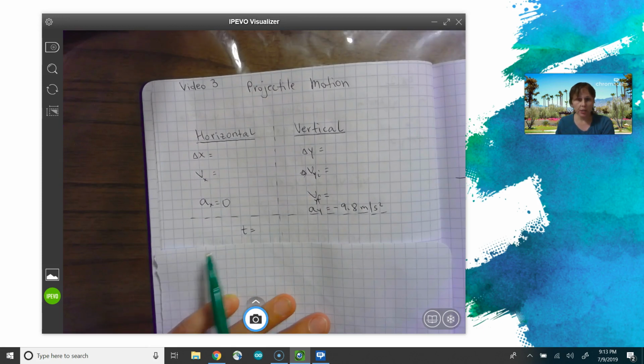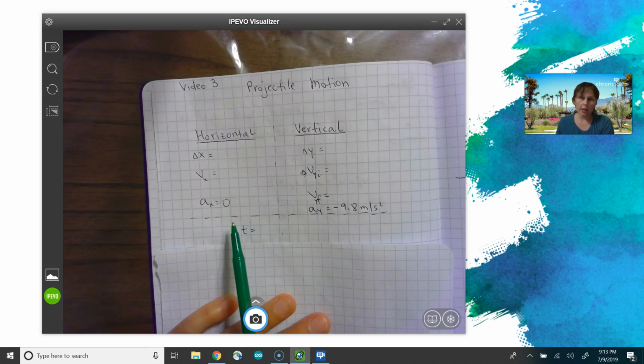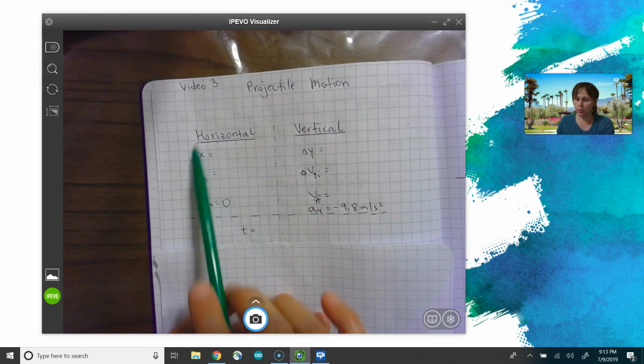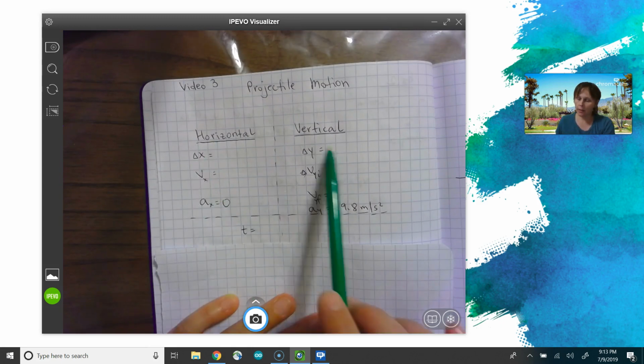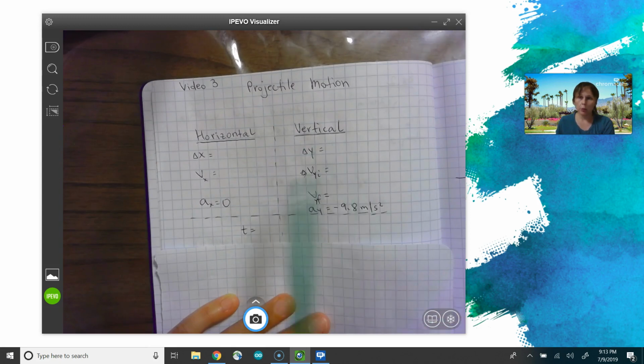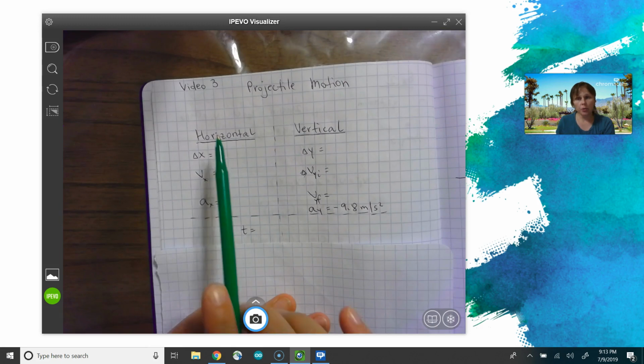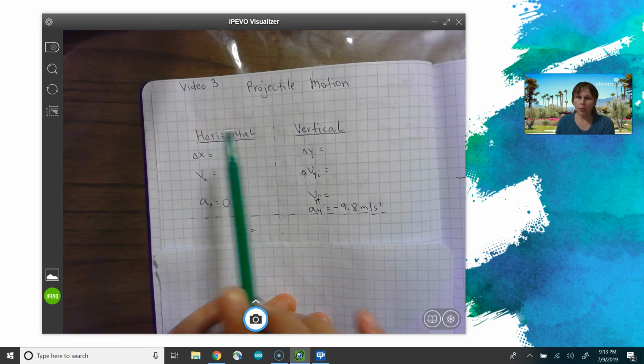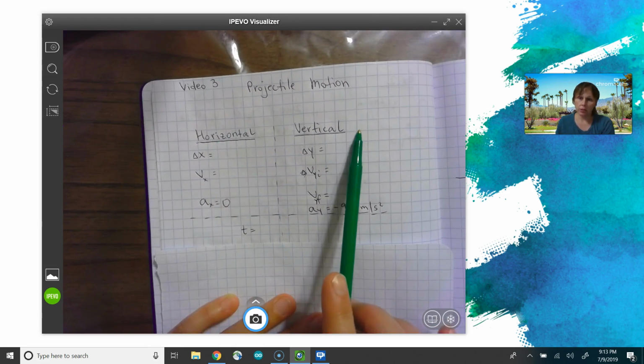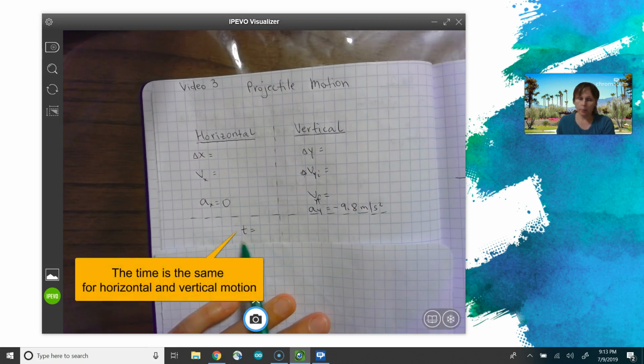The reason we are doing it this way is to separate the horizontal parameters and the vertical parameters. We are not going to cross them together because the motion in the horizontal direction and in the vertical direction is different. However, the time, which is this parameter, is going to be the same for horizontal and vertical motion.